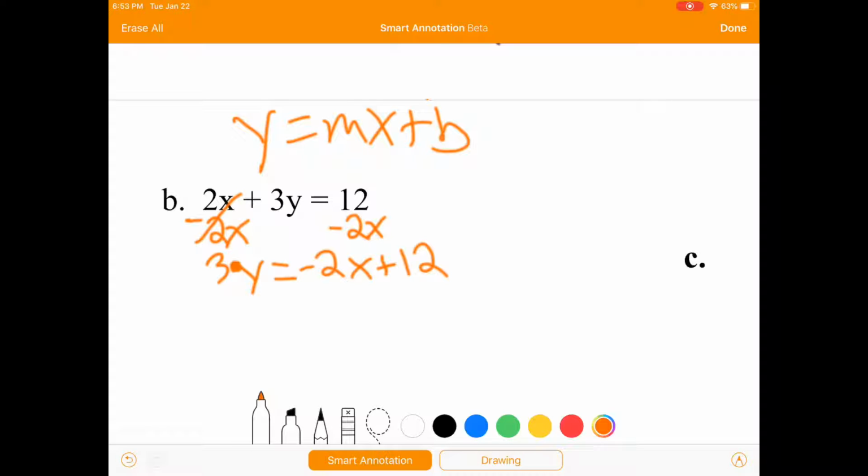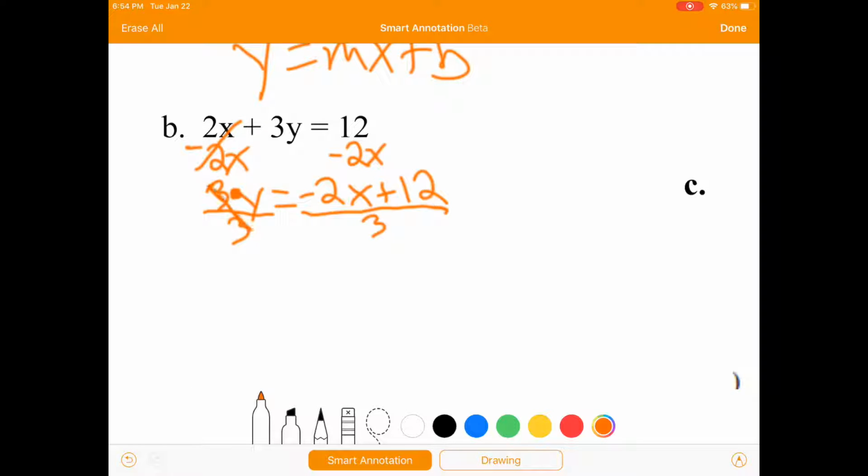So the inverse operation of multiplication is division, so we can get rid of that 3. Now, a lot of teachers do the next step differently. I like to divide the whole side using one fraction bar to help you remember to divide every term on the other side. So what you do on one side, you've got to do to the other.